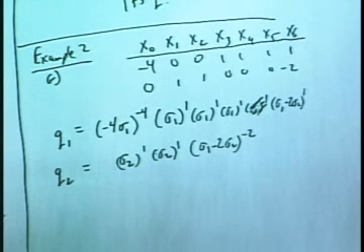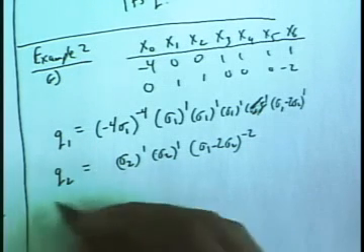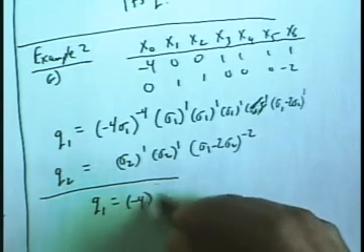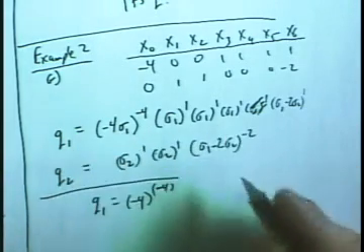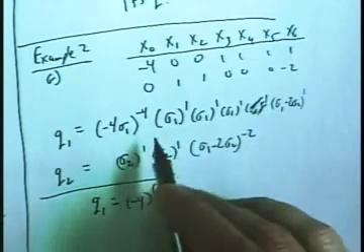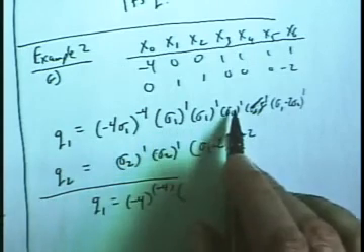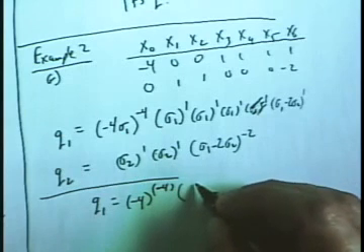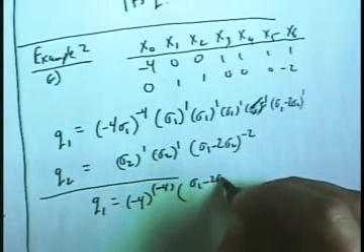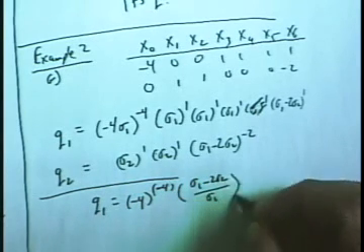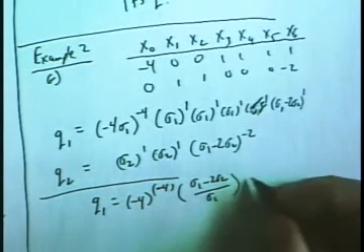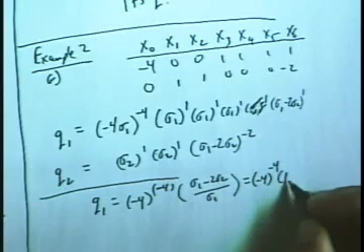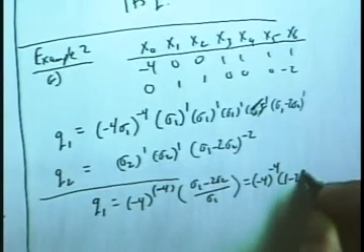A reasonably efficient way to do so is to write Q1 as minus 4 to the minus 4. That's just taking care of this 4 power. And then if you look, I've got 3 powers of sigma, a negative 4 power of sigma, and this expression. So that looks like sigma 1 minus 2 sigma 2 over sigma 1. So if I decide that sigma 2 over sigma 1 is the quantity that I'm interested in, I've got minus 4 to the minus 4 times 1 minus 2 sigma 2 over sigma 1.